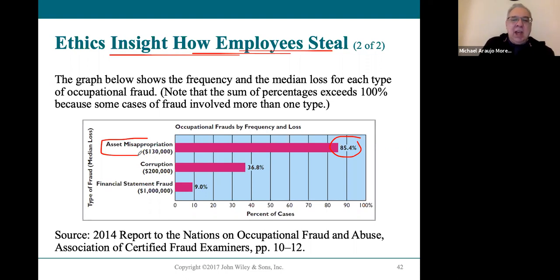It's the most common: 85% of fraud is employees taking stuff from their employer, but it's actually the least costly to the employer. What's the most costly happens the least. This is from a report by the Association of Certified Fraud Examiners.